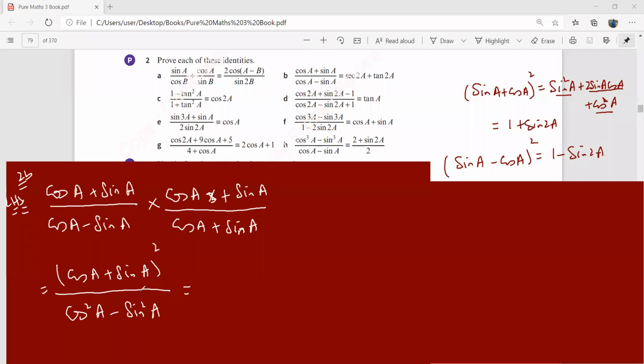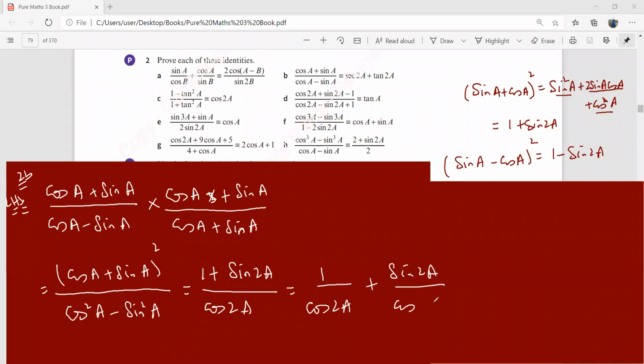I have just told you that this whole square, sin A plus cos A, you can write as 1 + sin 2A. And the ones who are familiar with the cos 2A formula know that the denominator can be changed to cos 2A. So now we can split it: 1 over cos 2A plus sin 2A over cos 2A.